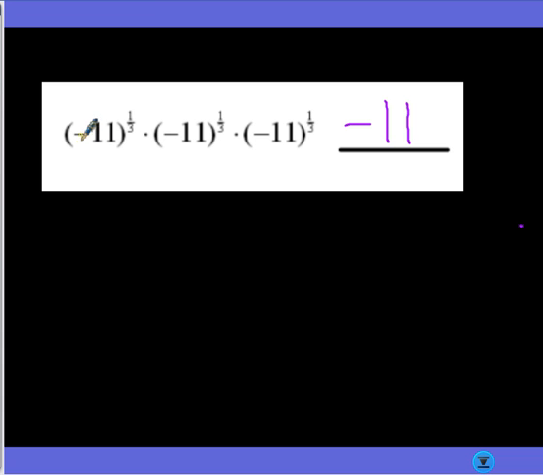-11. Negative's on the inside. So it is -11 to the 1/3. You know what? I don't know what the cube root of -11 is. And I don't really care because I'm cubing it. So it's -11, right? So the 1/3 power, but I'm multiplying it 3 times, right?